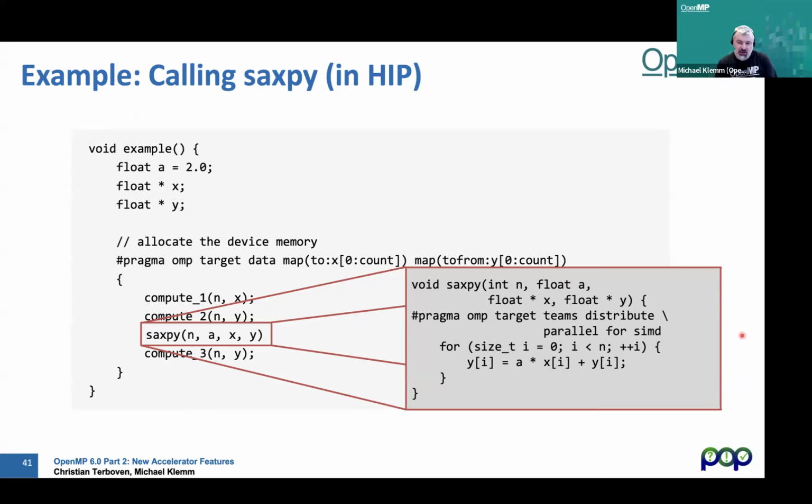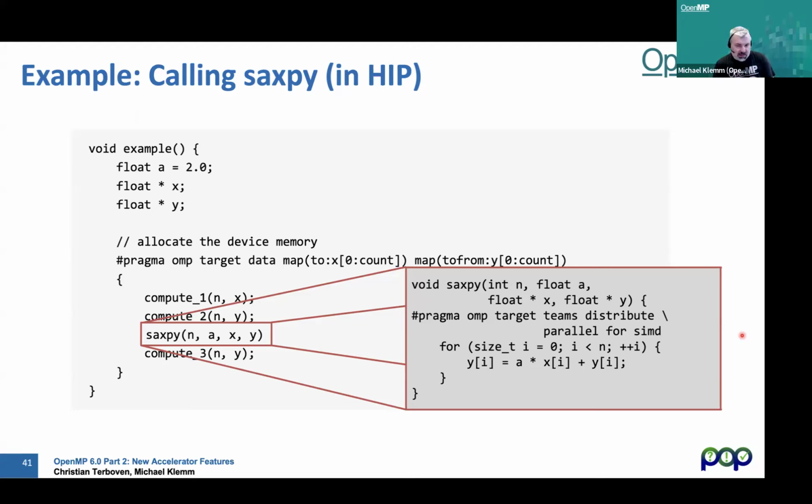And then inside that kernel, we don't use any map clauses. The compiler will add implicit map clauses that basically determine that X and Y are already available as part of the data environment, and so it will not retransfer this.